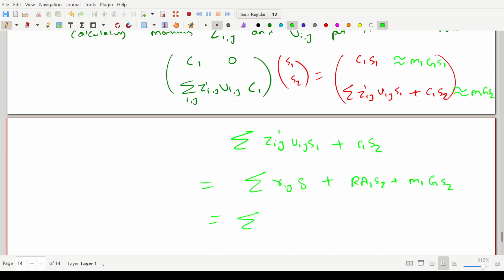What is our Rij? Rij is the entries of a matrix R, and it was encrypted with the new randomness. So this will be Rij multiplied with your delta. Delta is B2 minus B1.